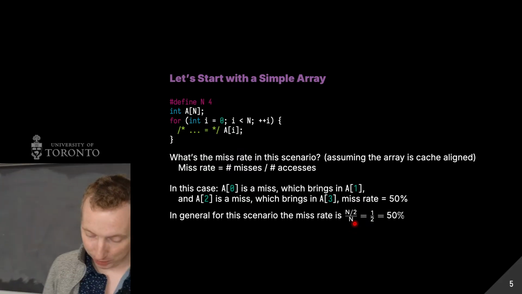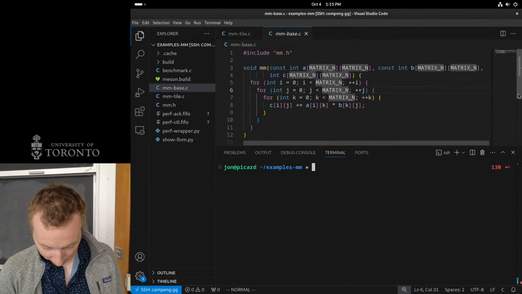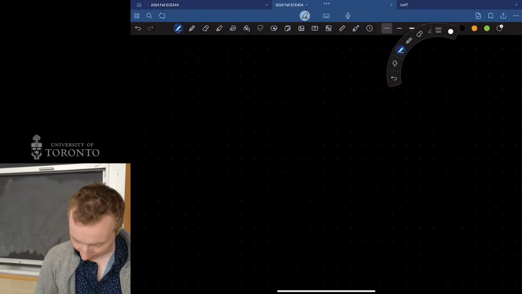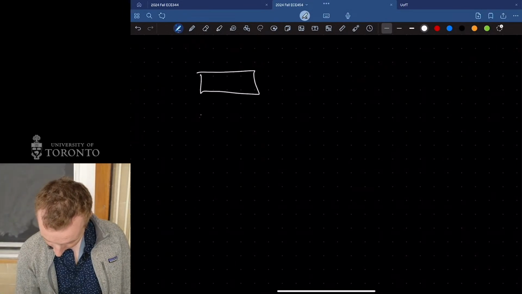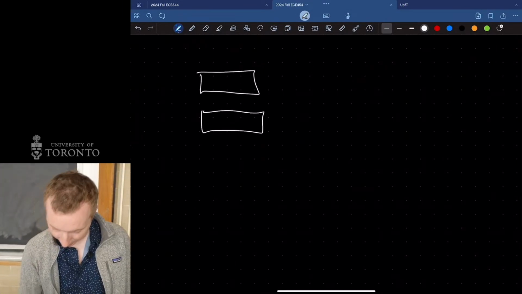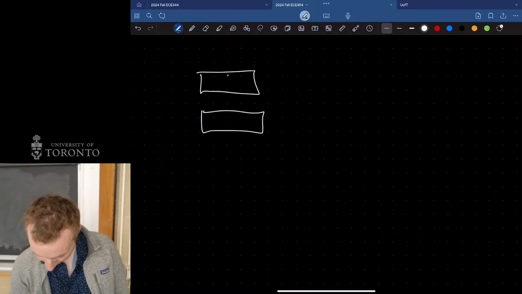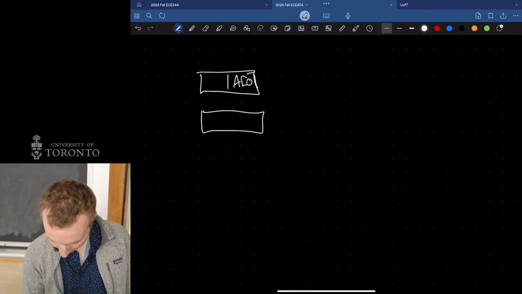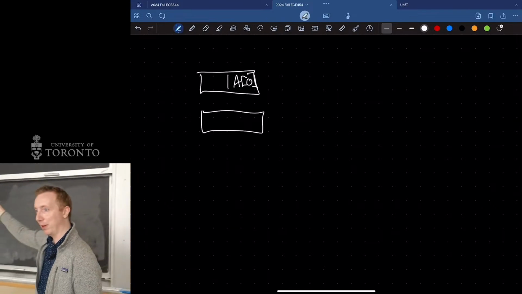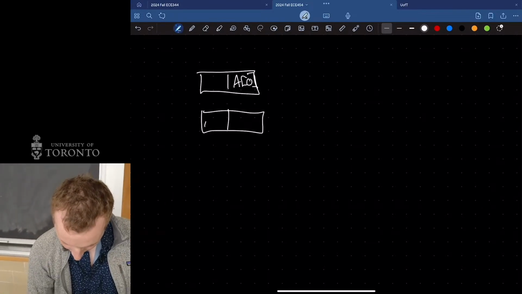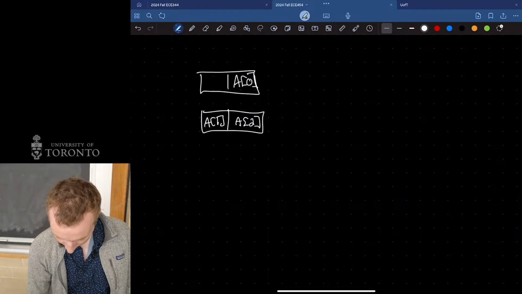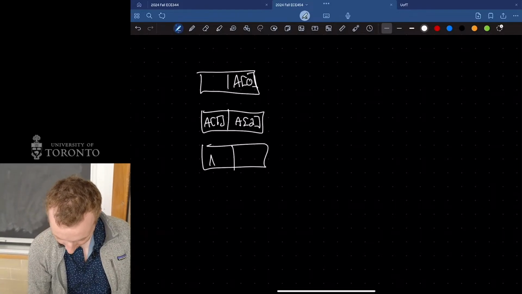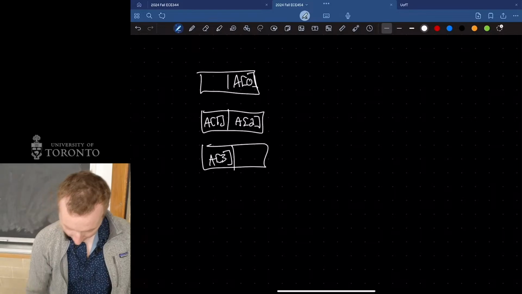If I was really unfortunate, if I didn't say assuming it's cache aligned, let's say this is my array block, I could have had it such that if I access A0, it's actually the last half of a cache block, and then my next one would be element 1 and element 2, and then my last cache block was 3.